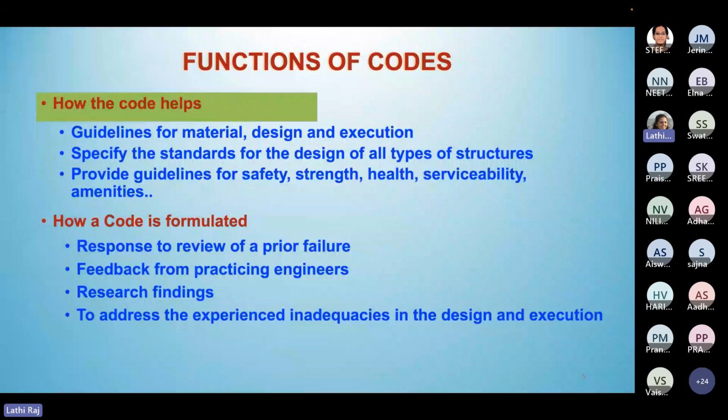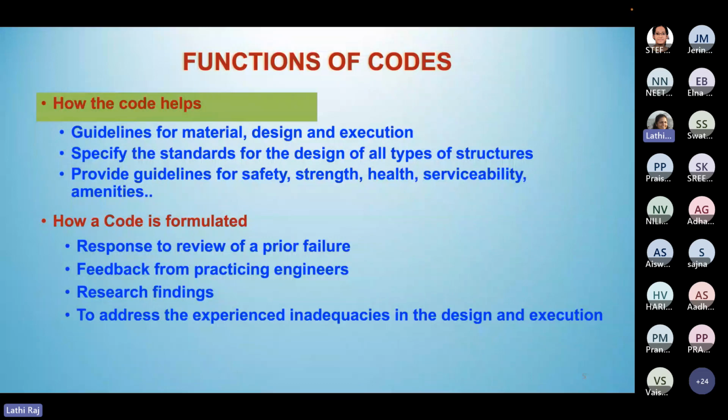You have to depend on the friction. From that feedback, people do research work. How much length you have to give is based on the experimental work. So it is the combined effect of all these things that you make a code.